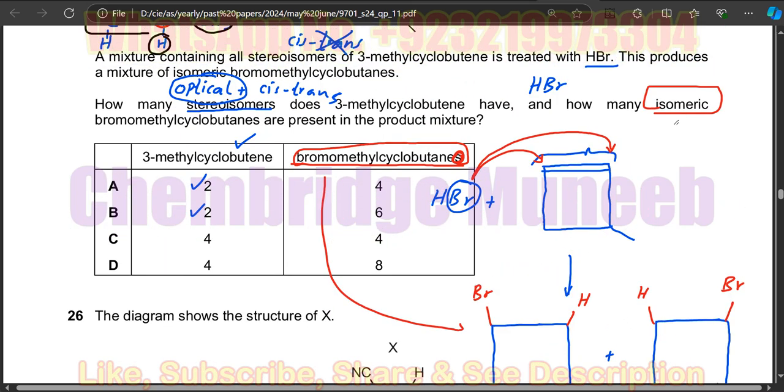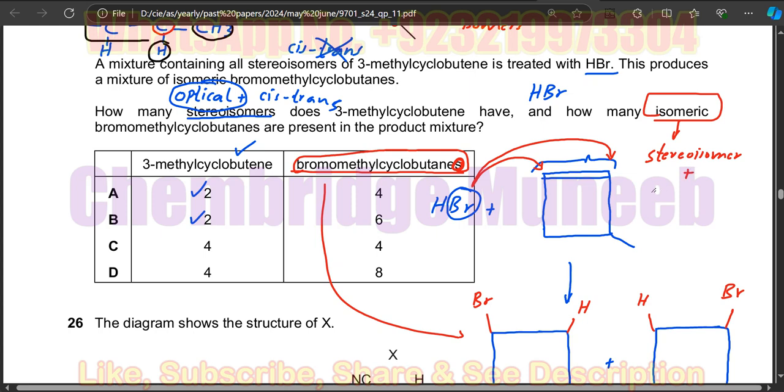Now we have to check the isomeric. Isomeric means we have to check stereoisomers, which includes both the geometrical and optical, and we also have to check the structural isomers here.